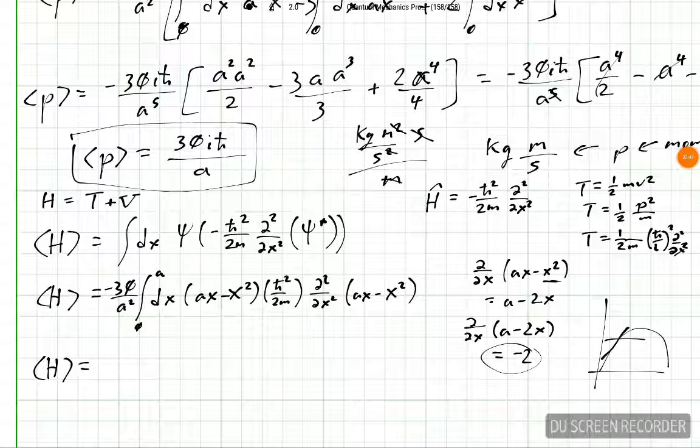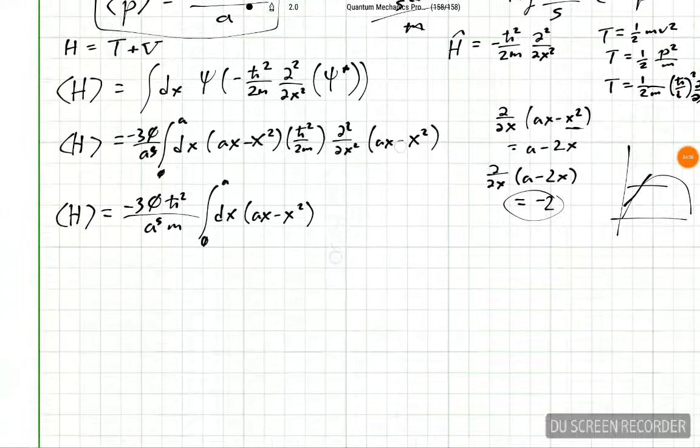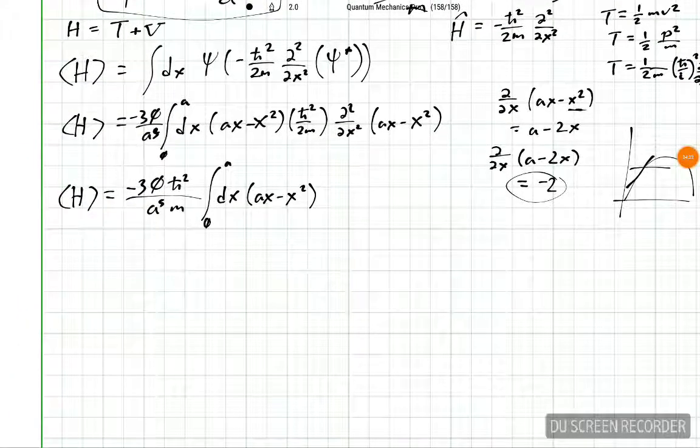I'm going to go ahead and write out here. So I have negative 30 h bar squared, and then I have a to the 5th, not squared, a to the 5th m, and then I had a 2 down here, and then this equaled 2, so those 2's canceled, making it even better. Now we just have this integral to do, which is pretty easy.